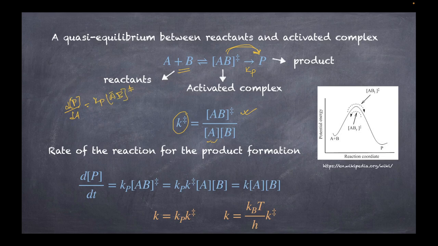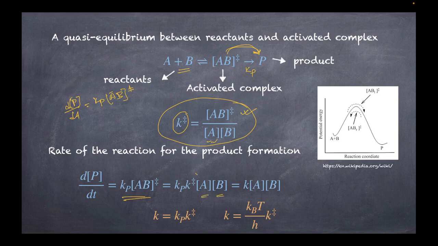So dP/dt equals Kp times AB double dagger. From the equilibrium expression, AB double dagger will be equal to K double dagger times A times B. So dP/dt equals Kp times K double dagger times concentration of A times concentration of B.